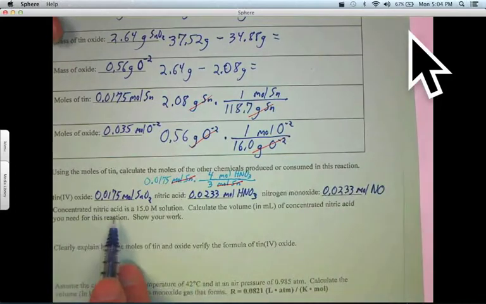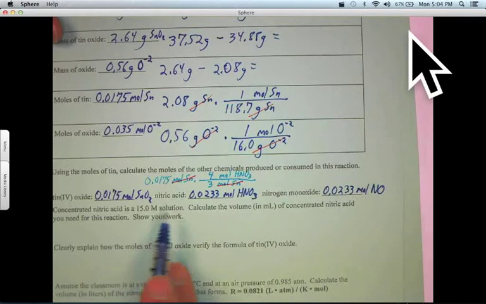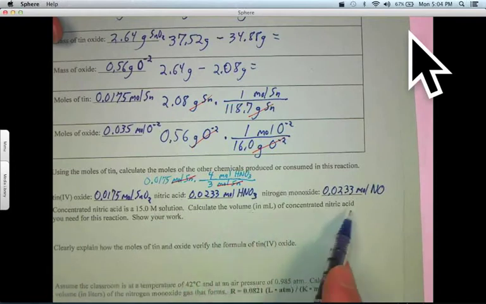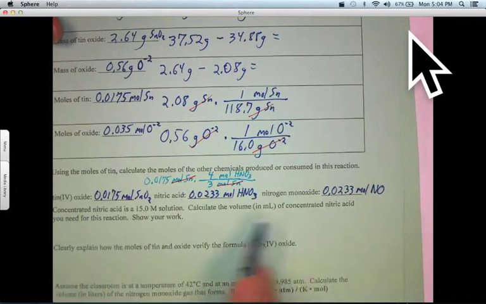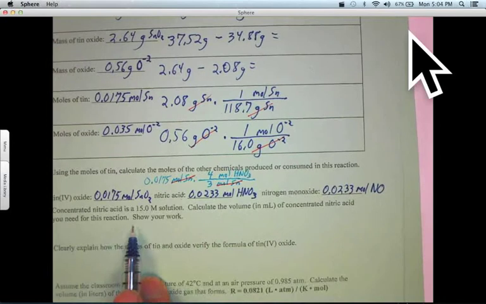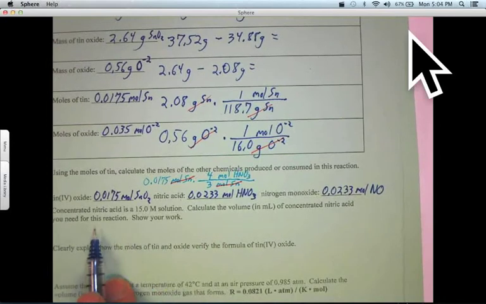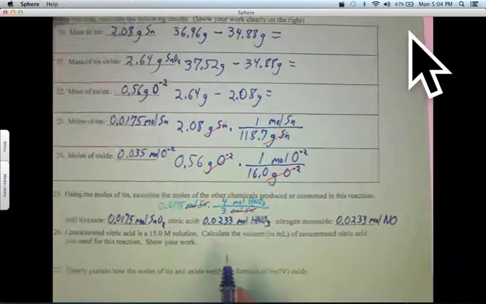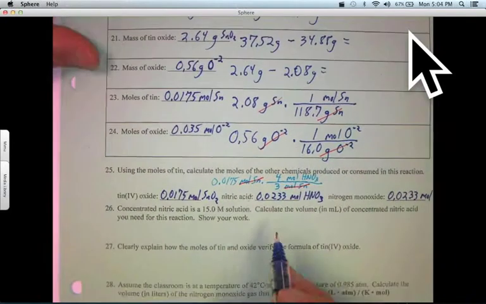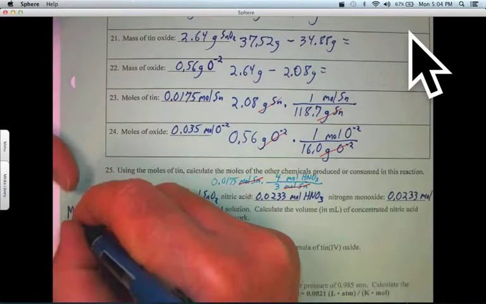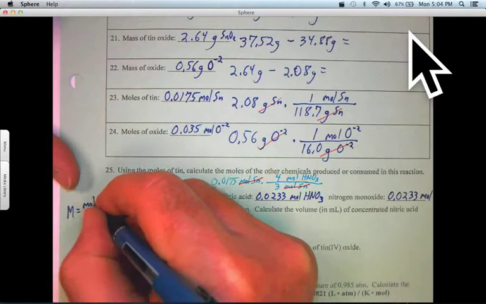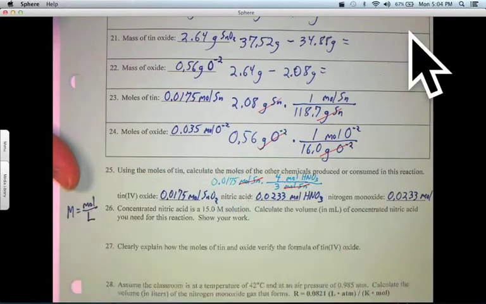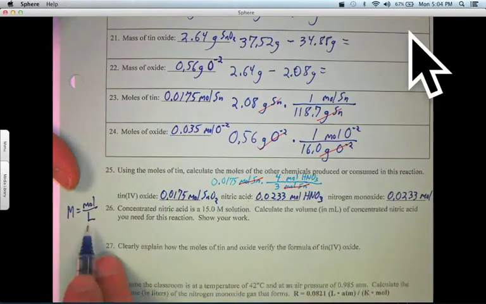Concentrated nitric acid is a 15 molar solution. Calculate the volume in milliliters of the concentrated nitric acid you need for this reaction. The equation we're going to be using is, of course, molarity equals moles over liters, and we want the volume, so that's the liters.